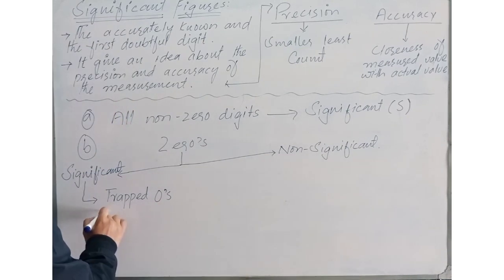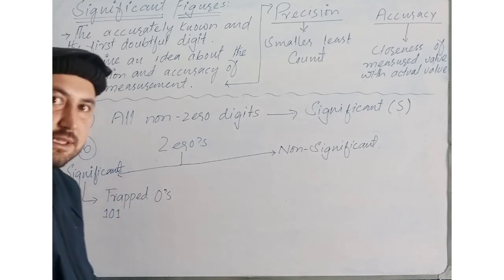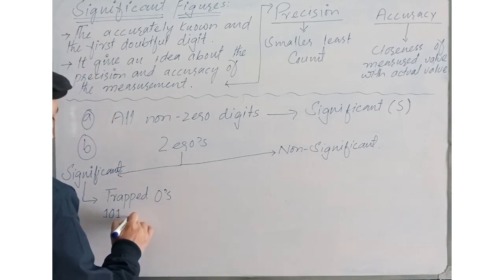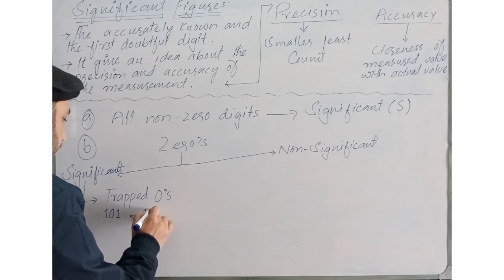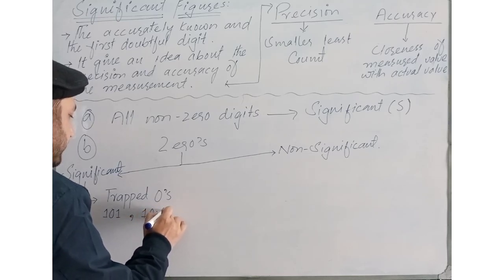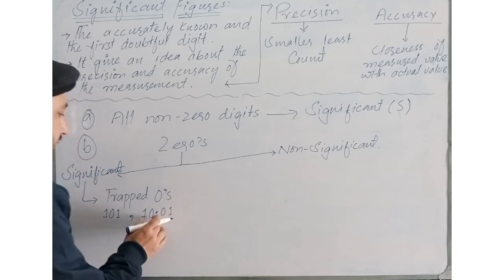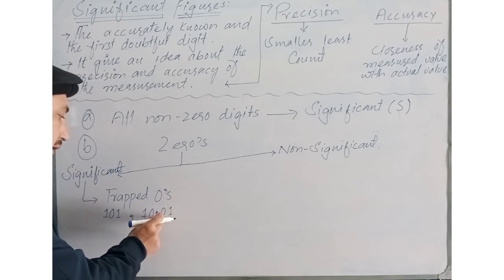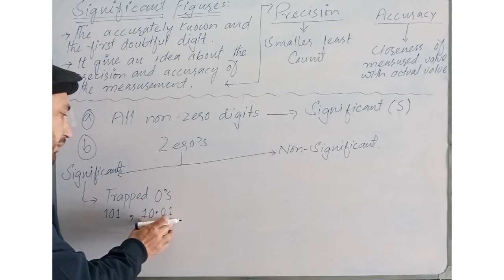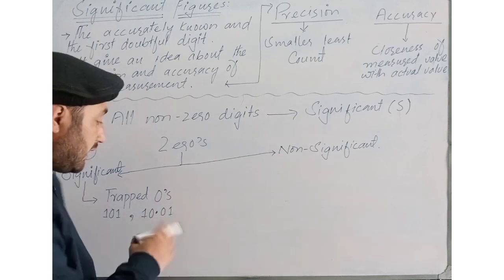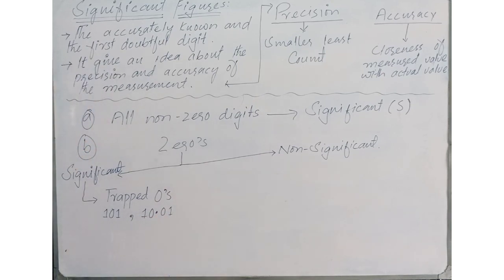For example, 101 without a decimal point, this is significant. Or with a decimal point, 10.01. Now you can see we have a decimal point and both the zeros are trapped between two non-zero digits, so they are significant, right?